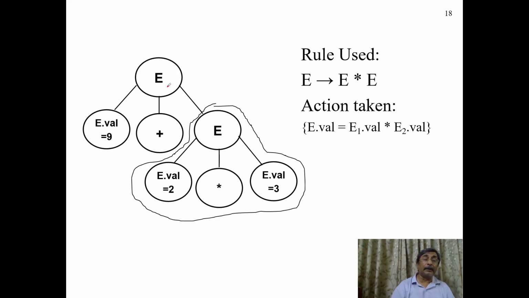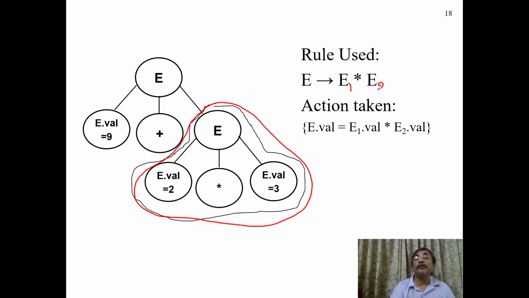Now again, if we look at the parse tree, this is the part which will be reduced. What is the rule that you use to reduce it? E produces E star E. Now I have to distinguish between this E1 and E2, because this E1 has a value of 2, and E2 has a value of 3.